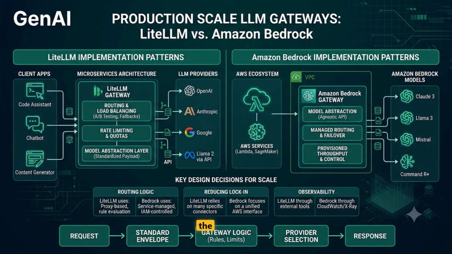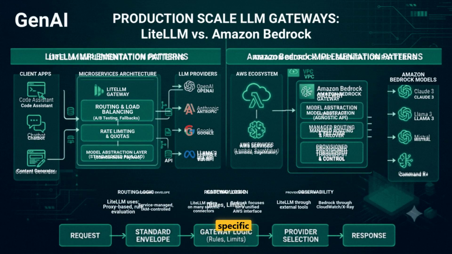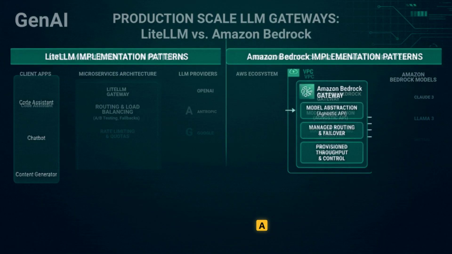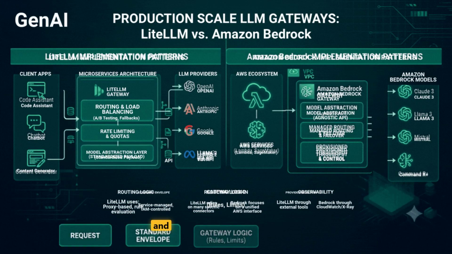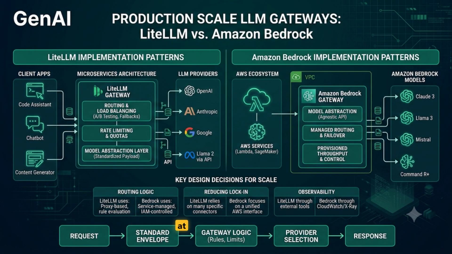At the bottom, trace the three key design decisions for scale. LiteLLM uses proxy-based rule evaluation, relies on specific connectors, and uses external observability tools, whereas Bedrock uses service-managed IAM control, a unified AWS interface, and CloudWatch or X-Ray tracing.